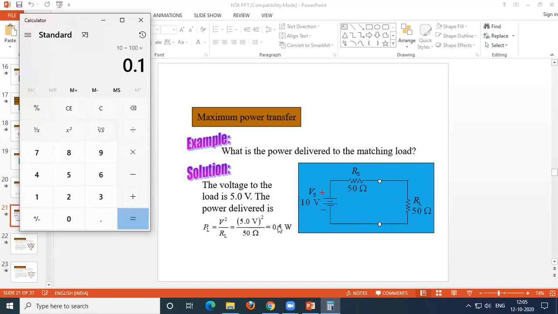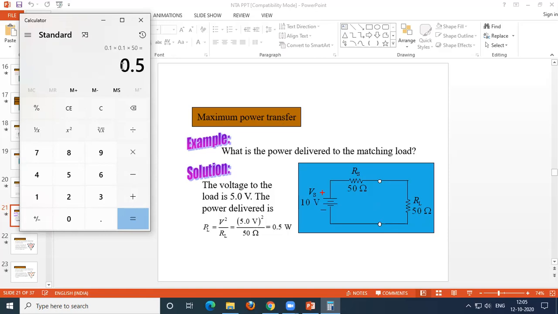By that way we are able to calculate. If we know the current flowing through that circuit is I, then 0.1 into 0.1, I square into R, into 50, is equal to 0.5 watt.